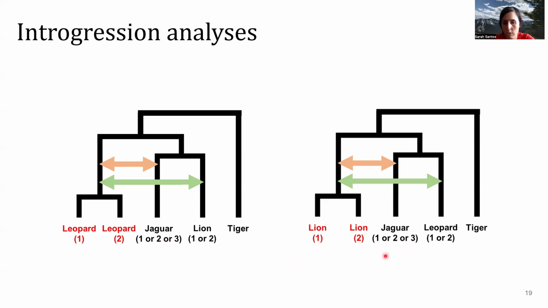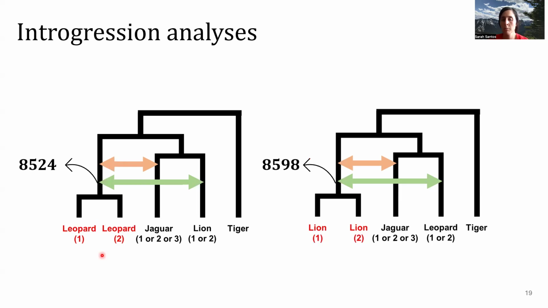The numbers here are just different combinations of individuals that I had. And then the arrows represent introgression signals, so bidirectional introgression signals. We just don't know the direction from the donor to the receiver, but we know that the signal is present between these species.